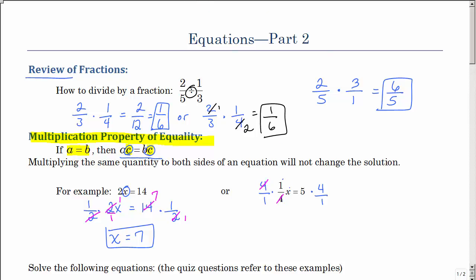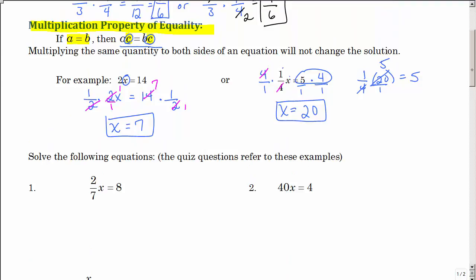Those divide and you just get 1x. Here that's over 1, so 5 times 4 is 20, or 20 over 1, and that's the solution to that equation. 1/4 times 20 does equal 5, right? 4 goes into 20 5 times. So this lesson you're going to be seeing lots of fractions.